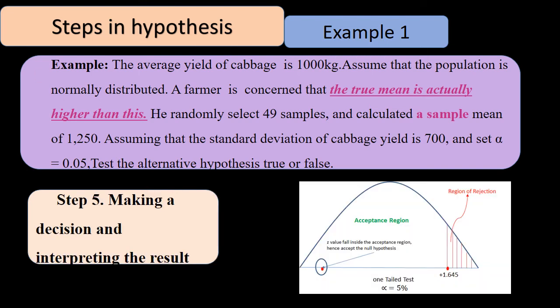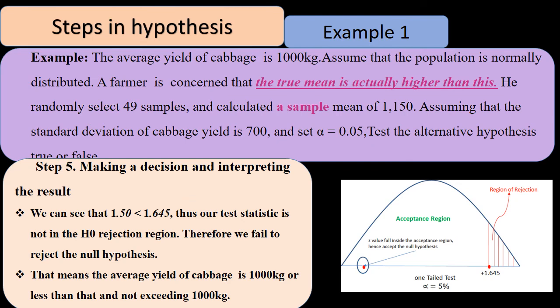The next step is making a decision and interpreting the results. Now we can see our result from the Z test is 1.5. Then 1.5 is less than 1.645. Therefore, it is in the null hypothesis acceptance region.